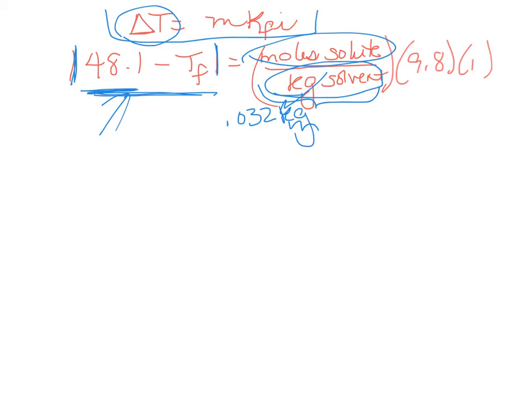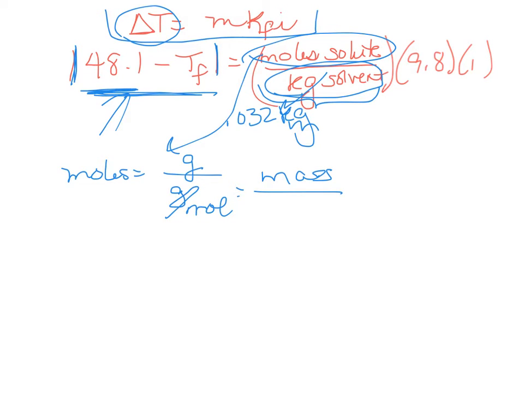problem gave me the figures I need to be able to calculate it. So moles equals grams divided by grams per mole. In other words, moles equal mass divided by molar mass.